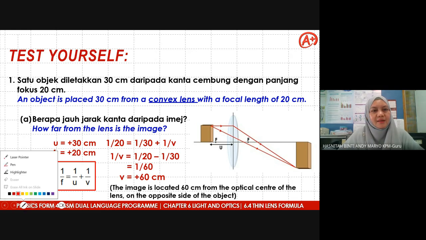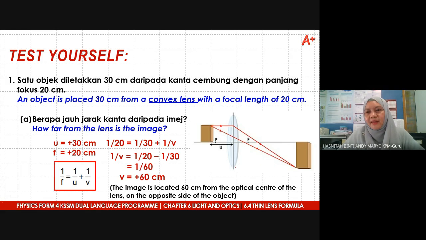So here we understand from the calculation using thin lens formula, this distance V is 60 centimeter, where U is 30 centimeter and the focal length is 20 centimeter. So, are you done?